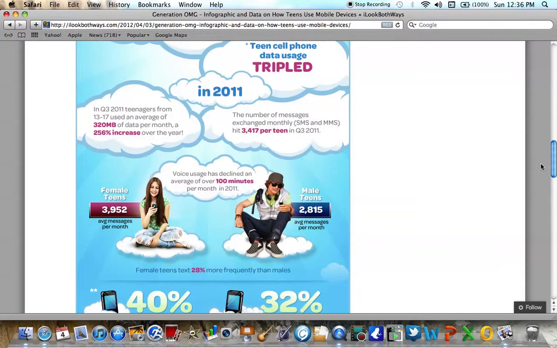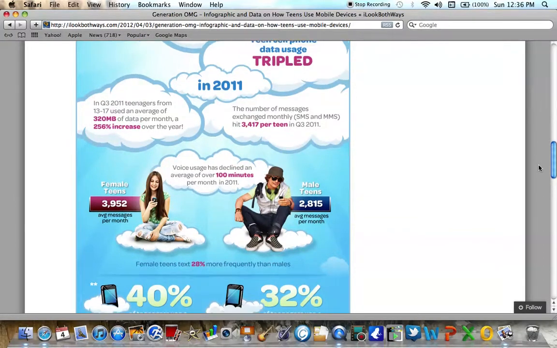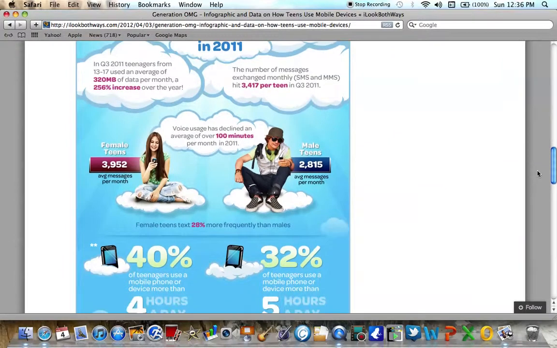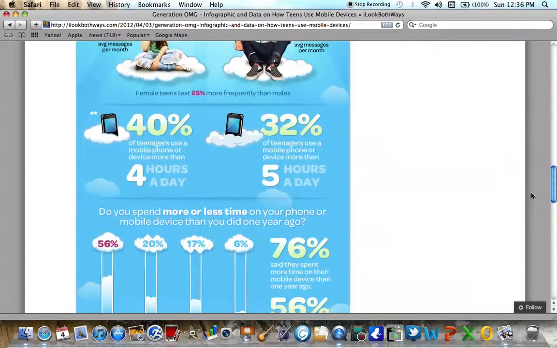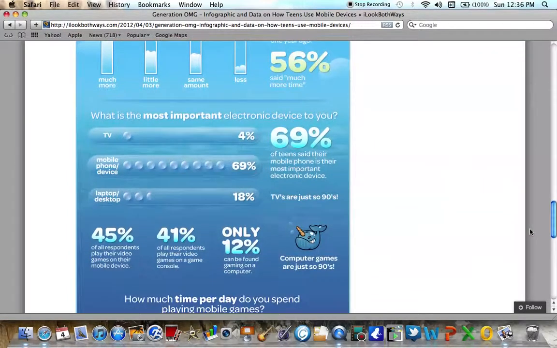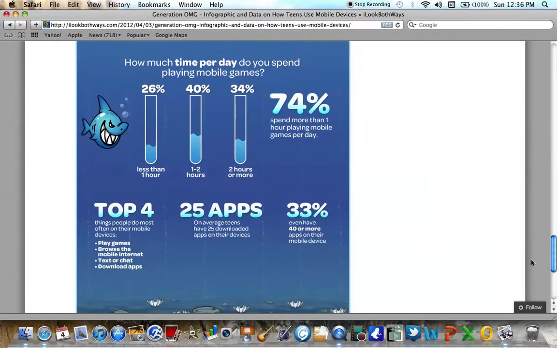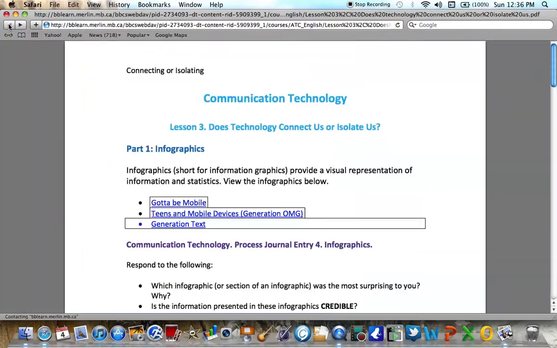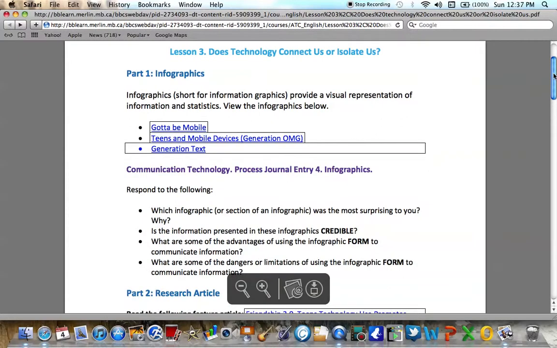So you could think of it as sort of a visual essay. You're presenting statistics to bring attention to an issue or to make a point about something. So you'll view the infographics and you'll write the process journal entry.